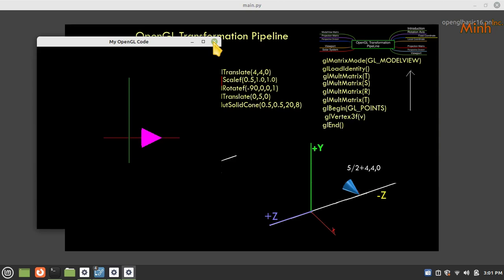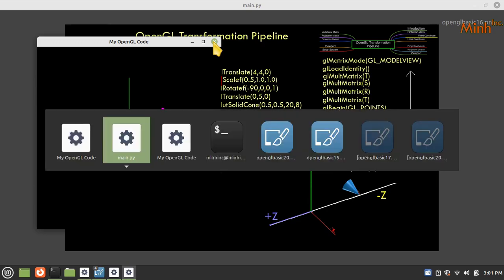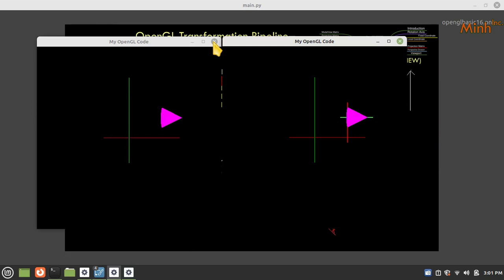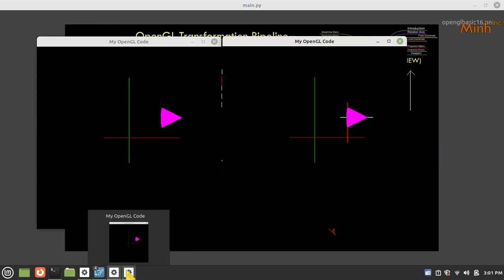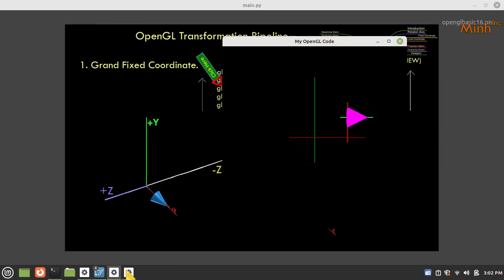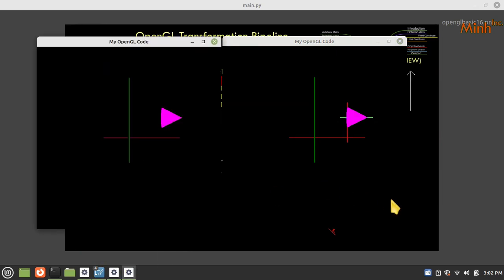Then scale. Then 1, 2, 3, 4, and right. Okay, so both are the same.